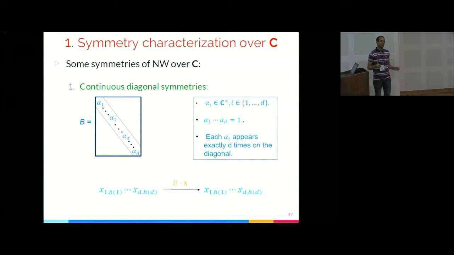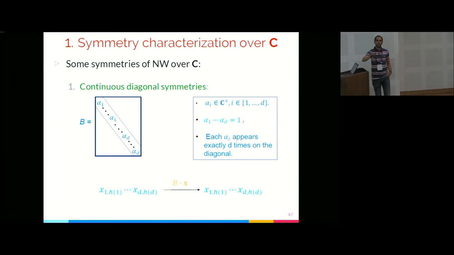These are diagonal matrices, each of size d square cross d square, where the first d entries are alpha 1, the next d entries are alpha 2, and so on. Each of these alpha i's is a non-zero complex number, and the product of all of these alpha i's is equal to 1.